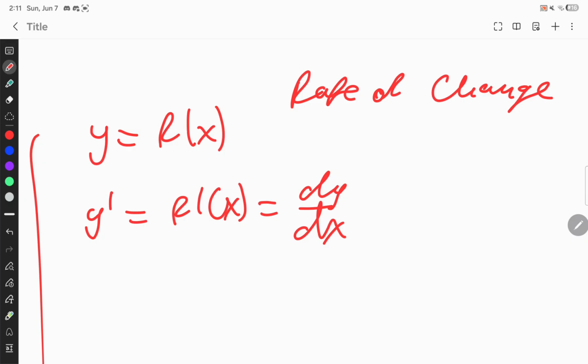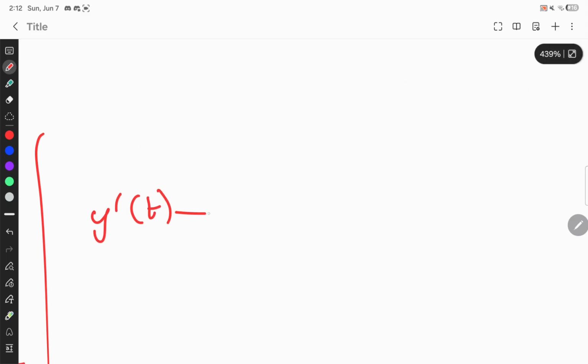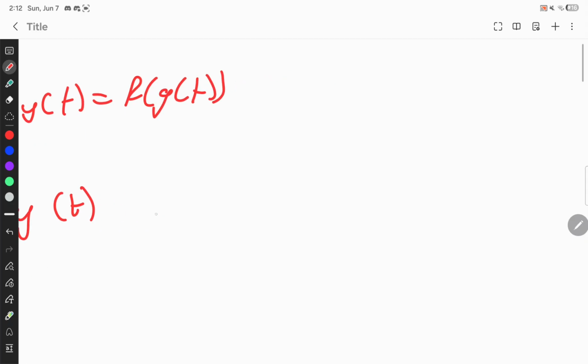Now, this is rate of change. What do I mean by rate? Rates of change. Well, this is where we want to find the derivative of y of t. We know y of t is equal to f of g of t, a composite function.